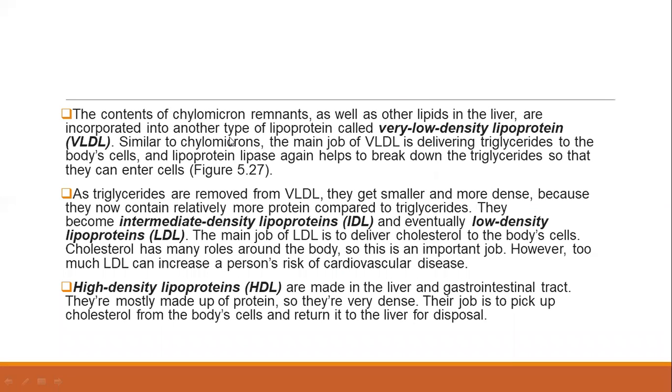The content of chylomicron remnants, salts, and other lipids in the liver are incorporated into another type of lipoprotein called very low density lipoprotein, or VLDL. Similar to chylomicrons, the main job of VLDL is to deliver triglycerides to the body cells. Lipoprotein lipase helps break down the triglycerides so they can enter the cells.